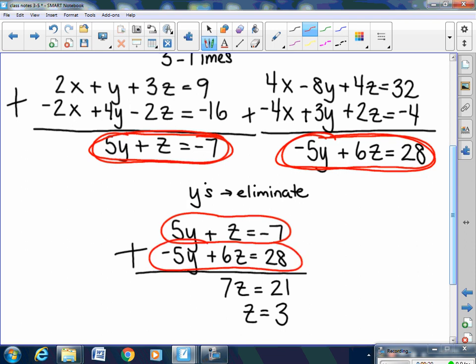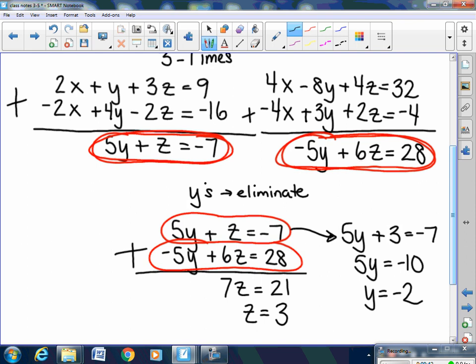They're all the same anyway, the ones I circled. I'm just going to go over here and do this one. It doesn't matter, but I'm going to leave it 5y, and in place of z, I'm going to put 3, equals a negative 7. I'm going to subtract 3 from both sides, and I'm going to divide both sides by 5. I'm going to get y equals a negative 2.